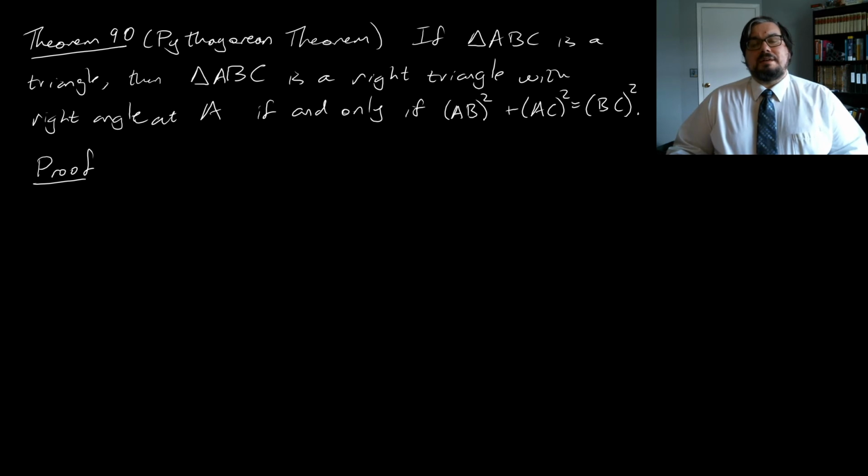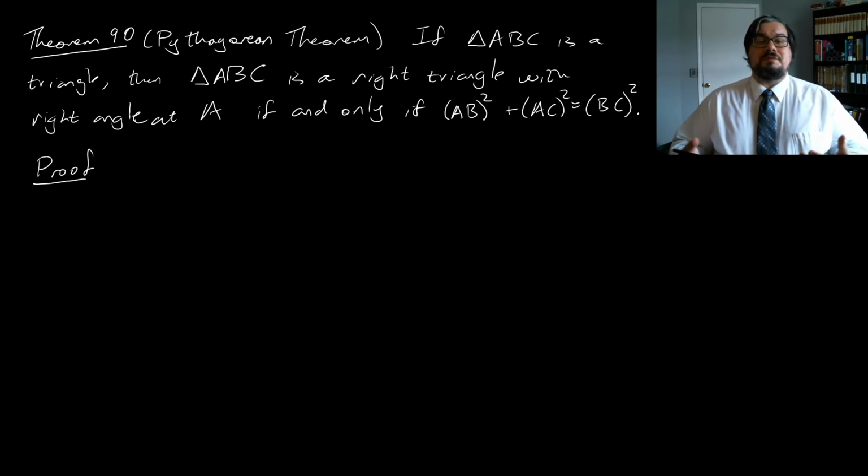But what we don't always use is the fact that if I have some triangle and the three sides of it happen to lie in this relationship, well, then it turns out that the triangle is a right triangle to begin with.